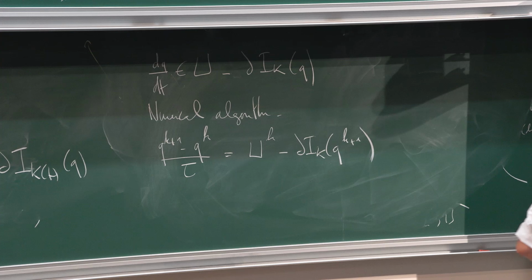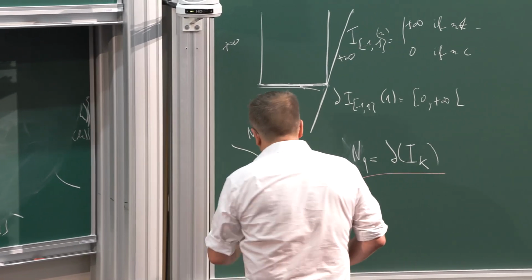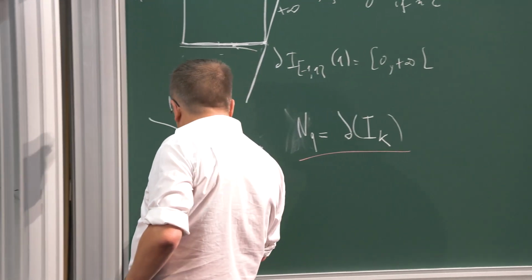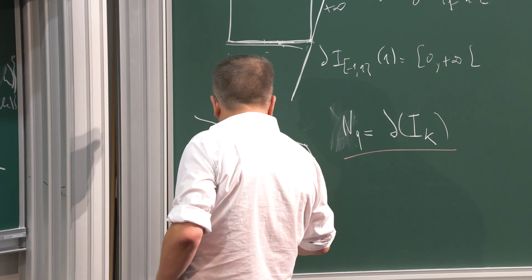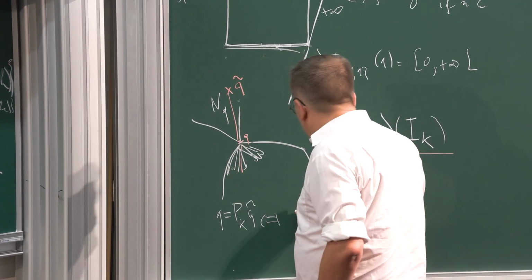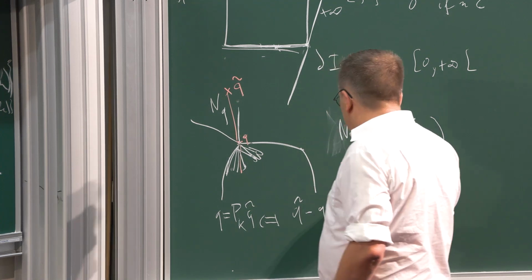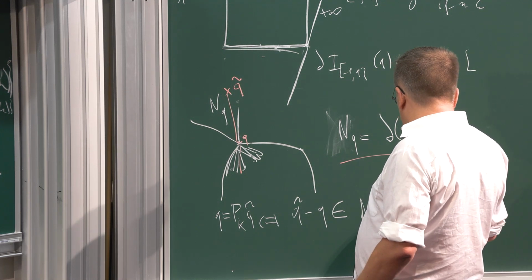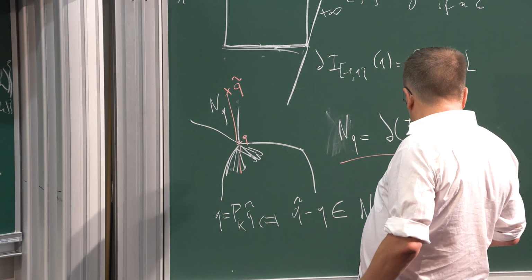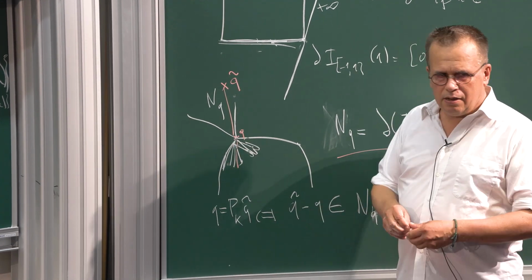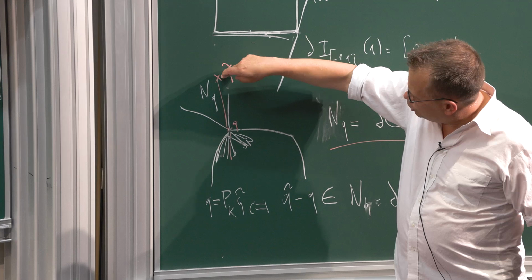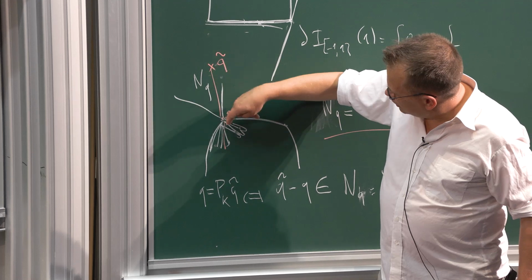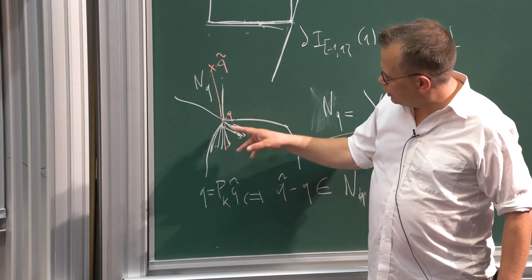There is a remark that I already made informally, that in this situation, Q is the projection of Q tilde on K if and only if Q tilde minus Q is in the outward normal cone N_K at Q, that is the subdifferential of K. Okay? What I'm saying is that Q is the projection of Q tilde if and only if Q tilde minus Q belongs to that. This is the proper characterization of the projection.